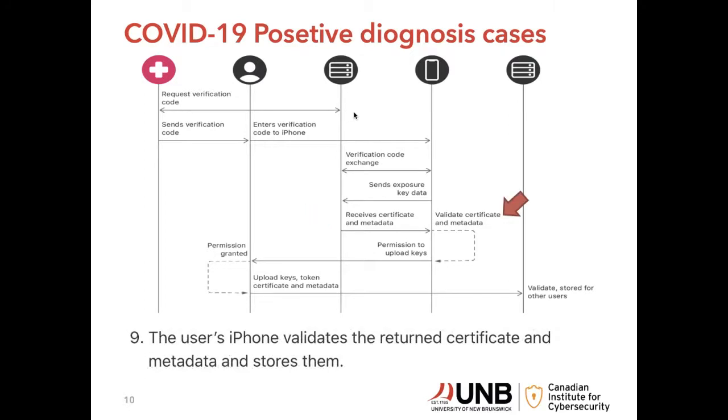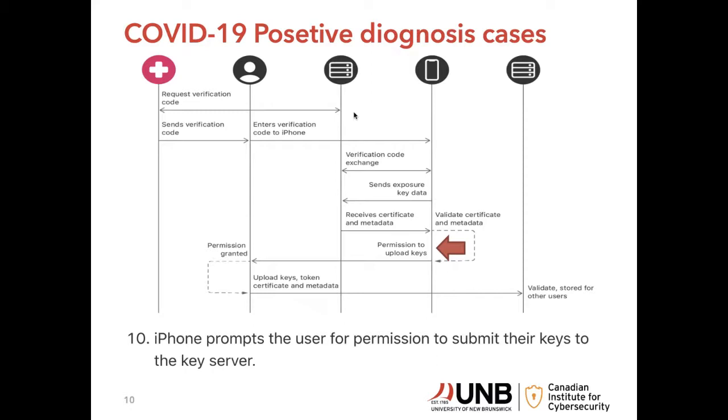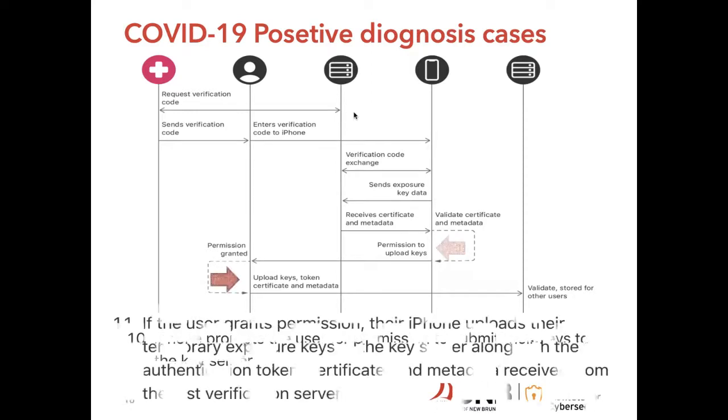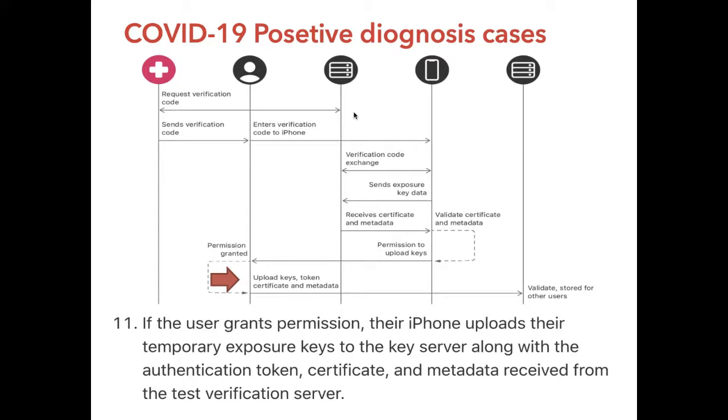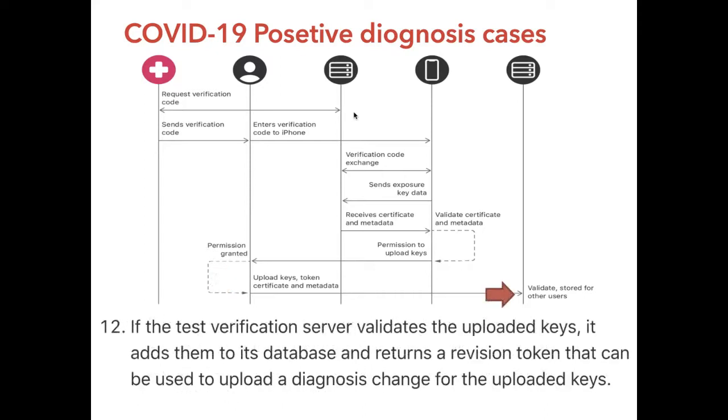So the user's phone validates the returned certificate and metadata and stores them. Then the phone prompts the user for permission to submit their keys to the key server. And if the user grants permission, their iPhone uploads their temporary exposure keys, or TEKs, to the key server along with the authentication token, certificate, and metadata received from the test verification service.